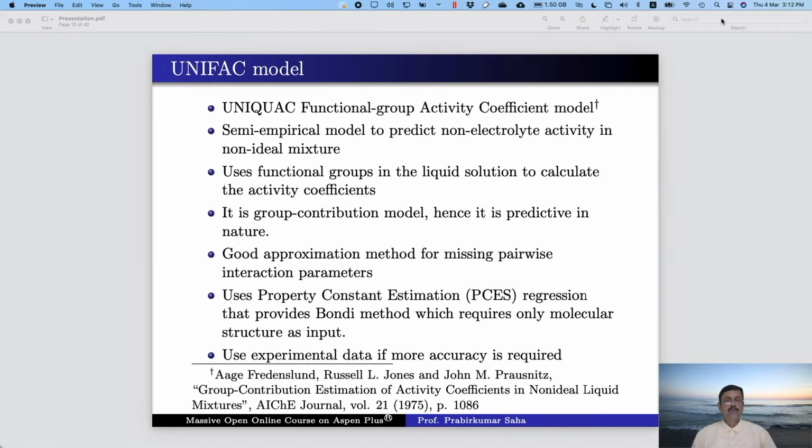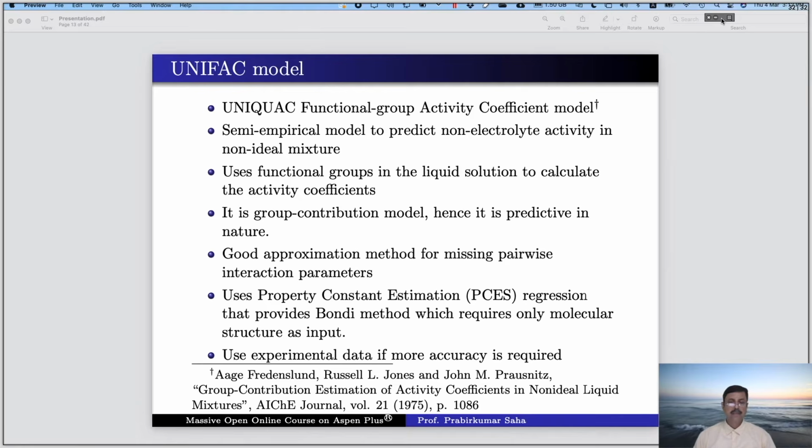Now we have heard of the UNIFAC model, but we have never used it till now. The question is, what is the UNIFAC model? UNIFAC is a short form of UNIQUAC Functional-group Activity Coefficients. It was developed by Fredenslund, Jones and Prausnitz in 1975, and has been published in the AIChE Journal.